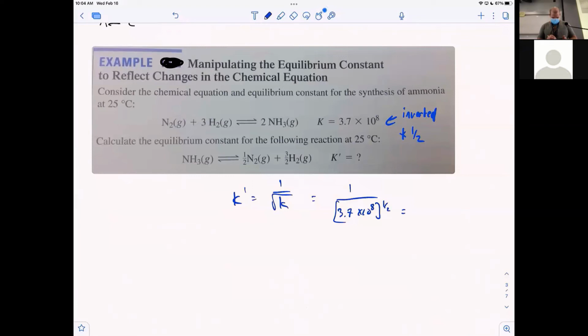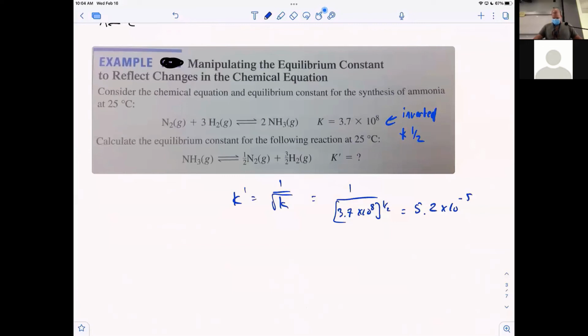Actually, I guess it's 10 to the minus 5. Okay. So put it in your calculator, you get this number.